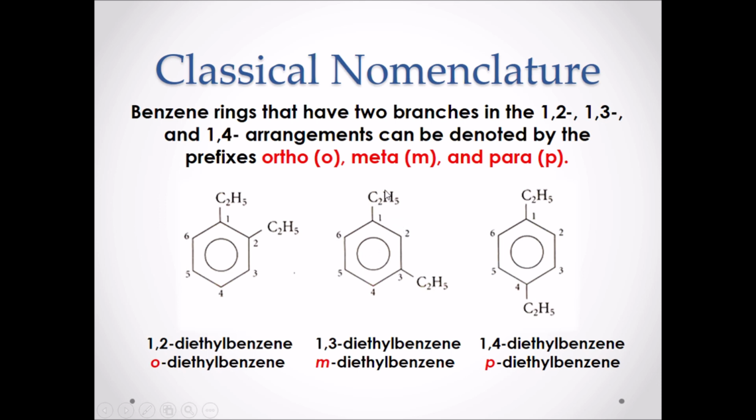If the branches are located on the 1 and 3 carbons in the ring, it can be also known as meta or M. And if the branches are located at the 1 and 4 location on the parent ring, it can also be known as para, P.